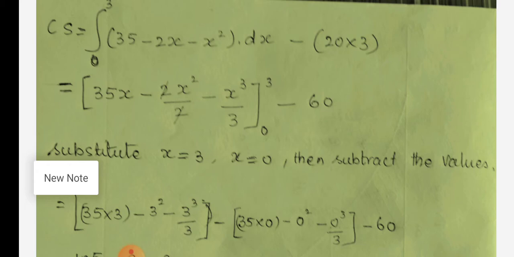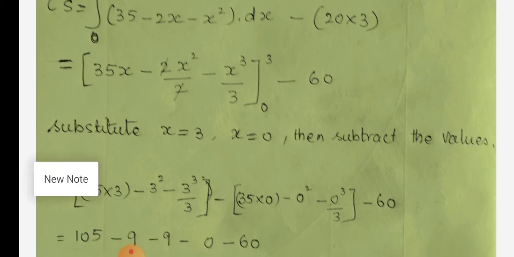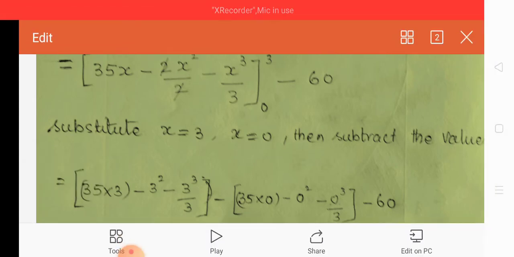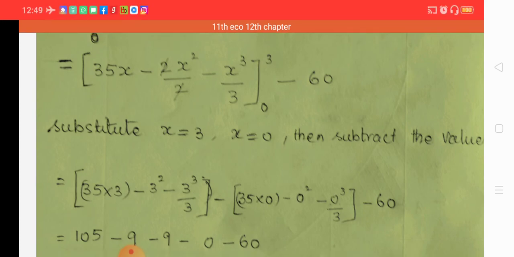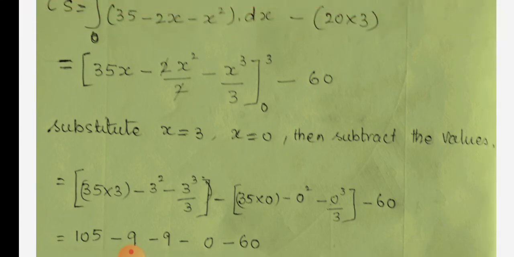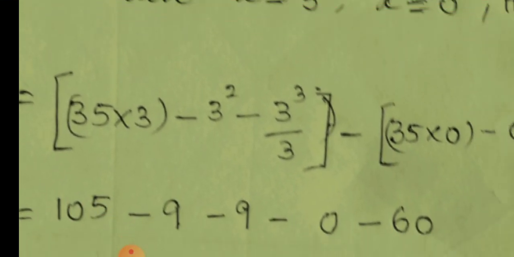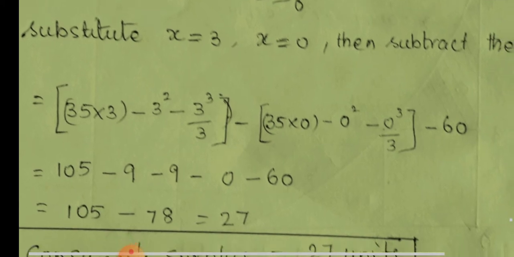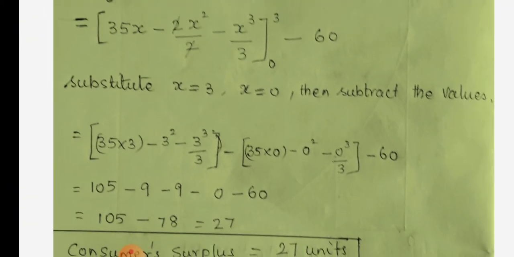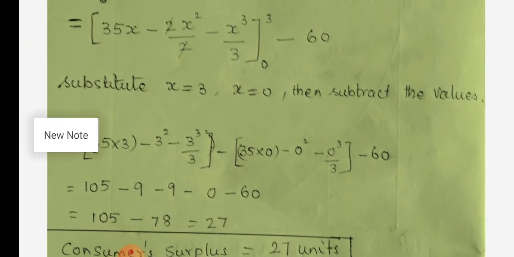First thing is, substitute x is equal to 3 in the given equation, that is 35x will be nothing but 35 into 3, just a second children, minus x square is nothing but 3 square, minus x power 3 divided by 3. This is nothing but 3 cube divided by 3. You have to subtract from that.